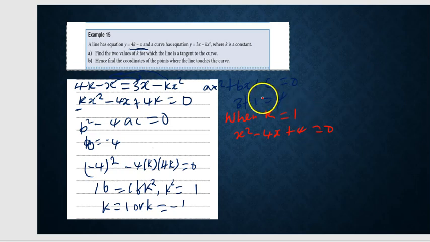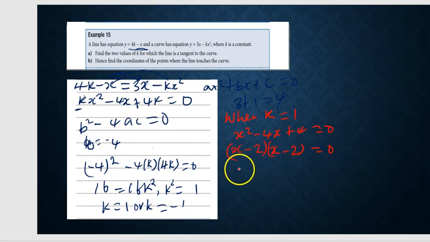Solved by factorization, we can have x minus 2, that is dividing 4 by 2, and then x minus 2. So this is equal to 0.